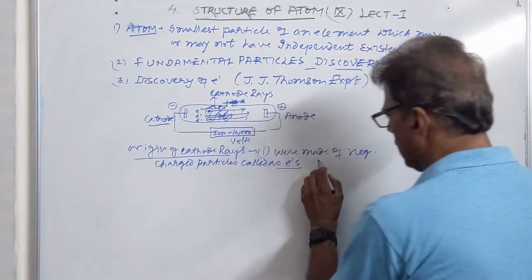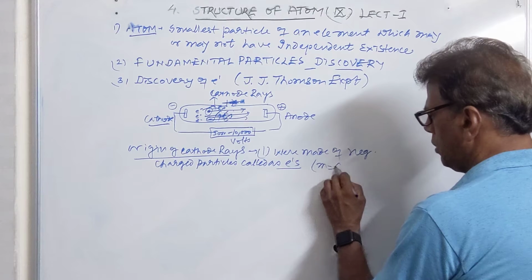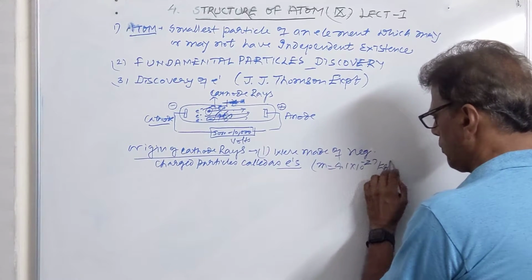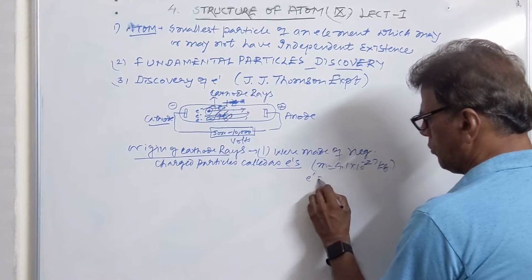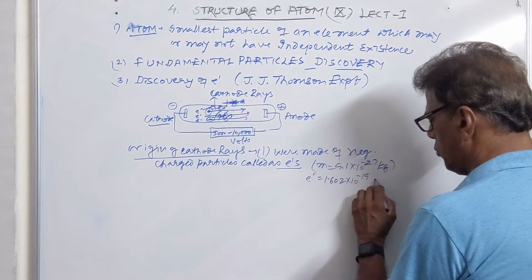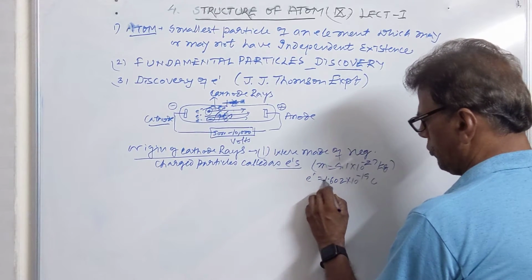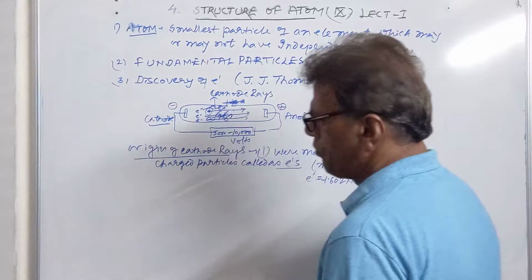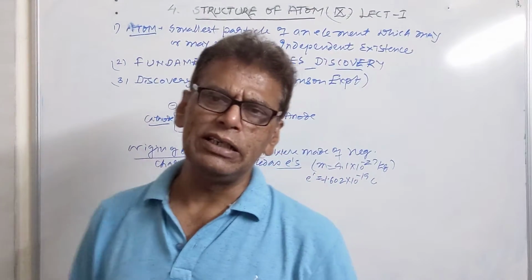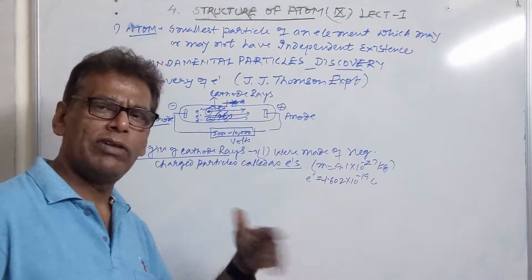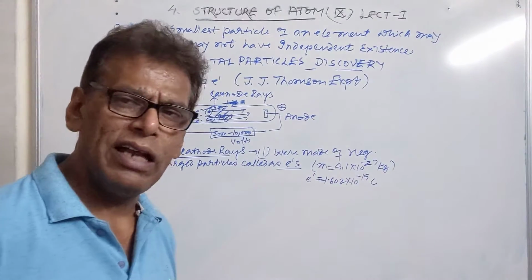The mass of these electrons is 9.1 into 10 raised to power minus 27 kilogram, and the charge is 1.602 into 10 raised to power minus 19 coulomb. This was a unit negative charge on these particles. So electrons were discovered by J.J. Thomson. Properties of cathode rays: they are made up of negatively charged particles called electrons.